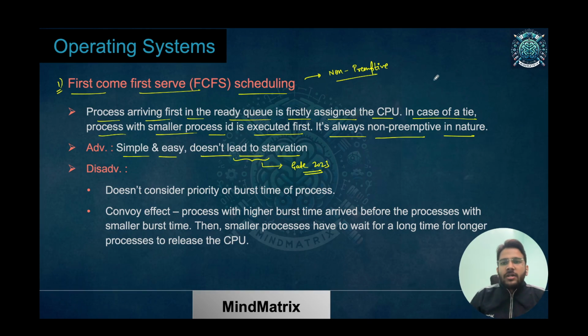What is starvation? Starvation is nothing but indefinite waiting. That means other processes keep on waiting to get the CPU. Indefinite waiting, right? So there is one exception in FCFS.